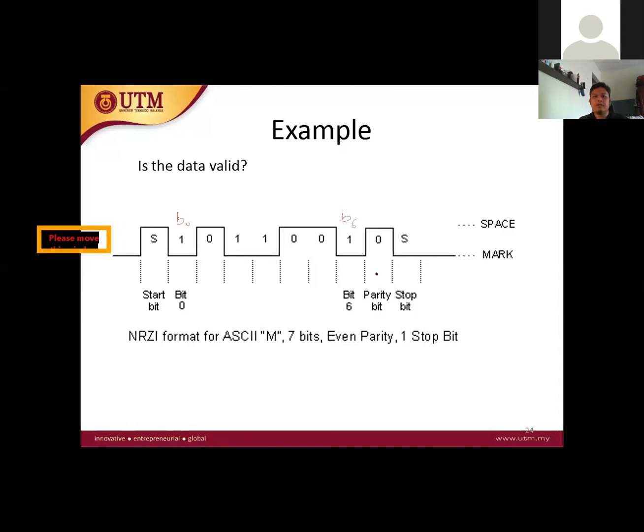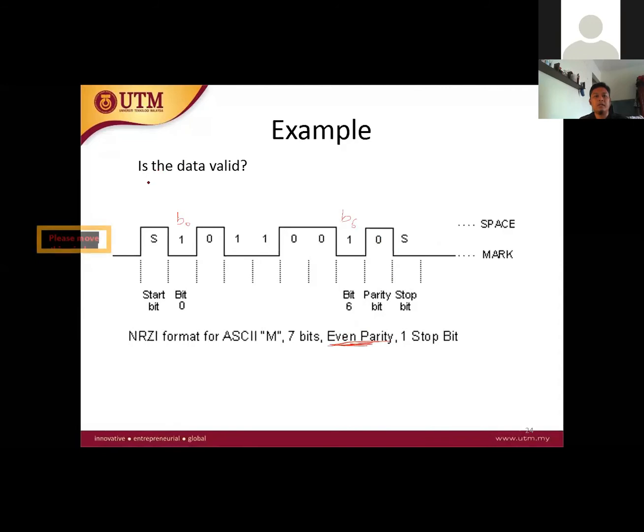And this is the parity bit, and in this case it's set as even parity. If the parity bit value is 0, the rule we set is even. And this is the stop bit.